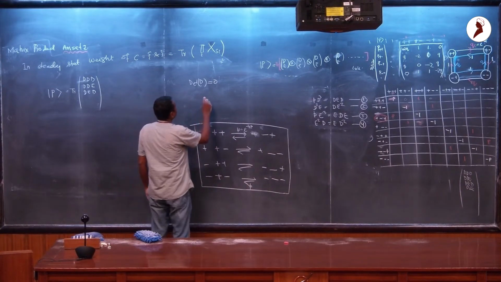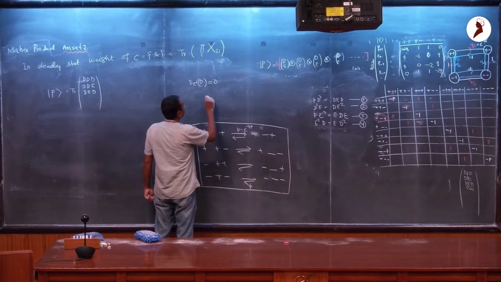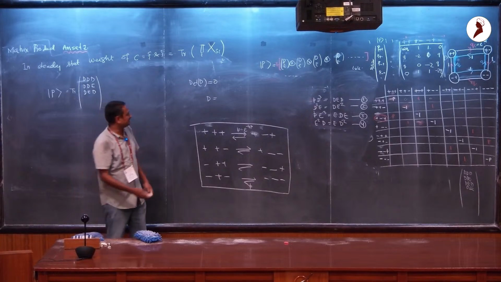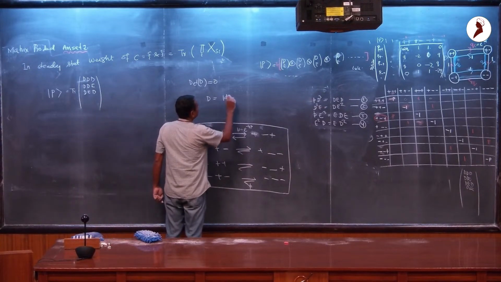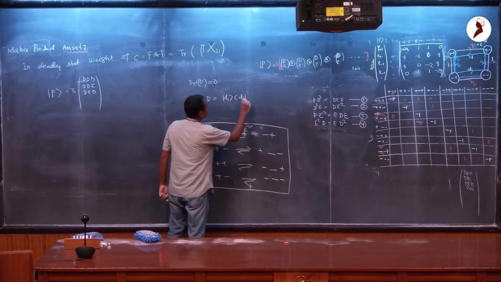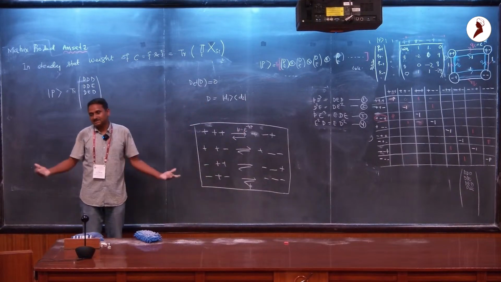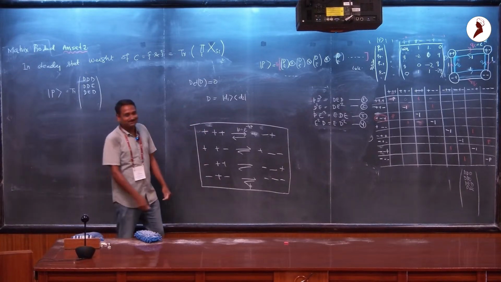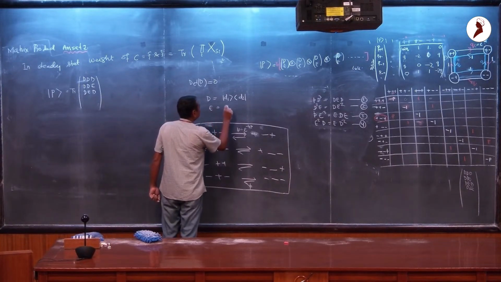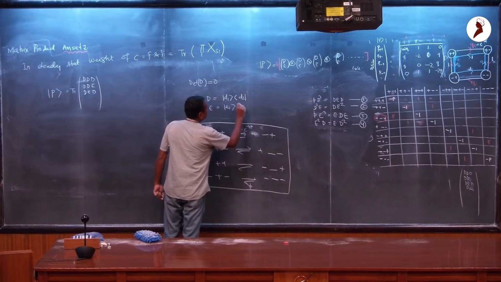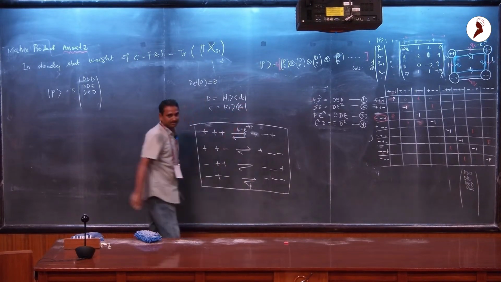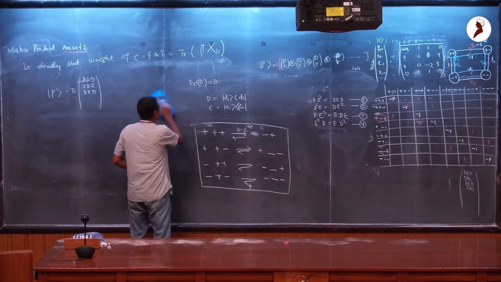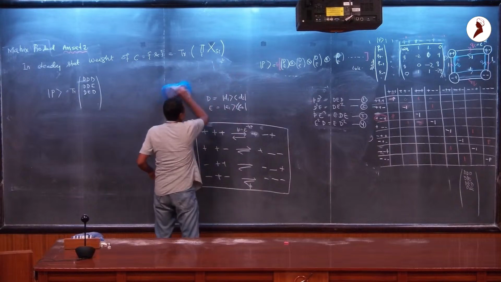And so now what you do is that D, you write it as an outer product of two vectors, a projector. Okay, so write D equal to D1, D2. I don't know what D1, D2 are. Already I don't know one, and I'm writing two more things which I don't know. So E equal to E1, E2. These are the outer products, this is a matrix. So now we put these conditions there.